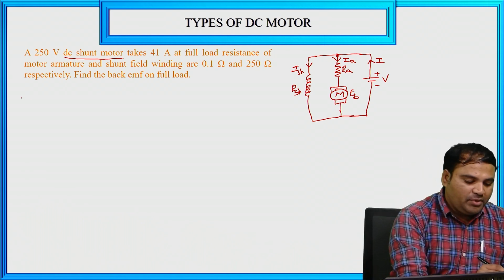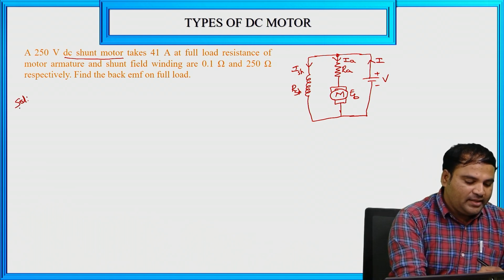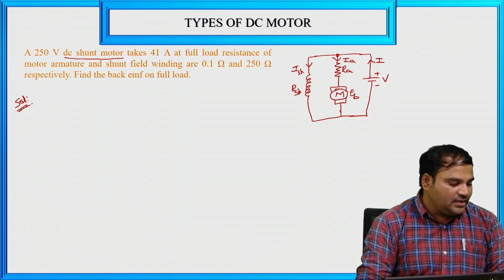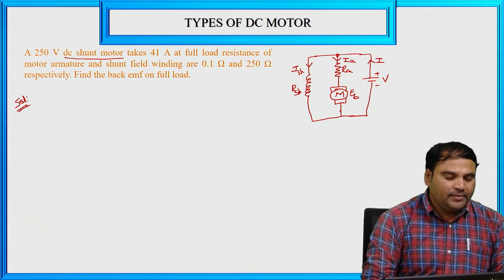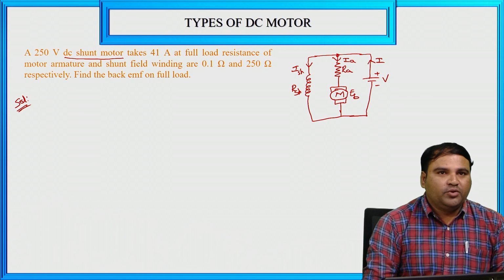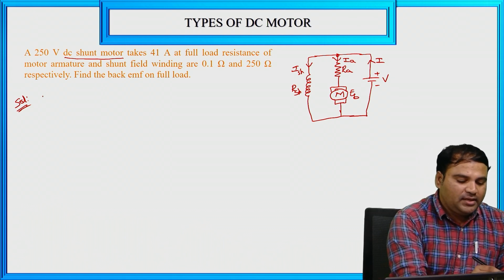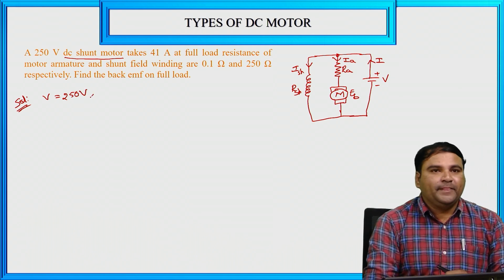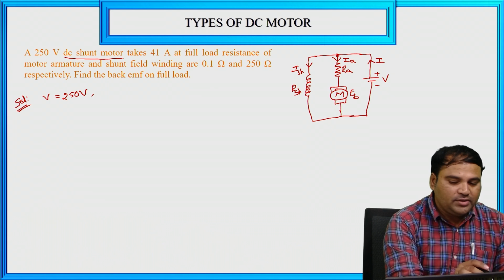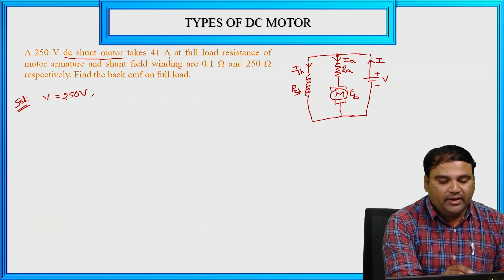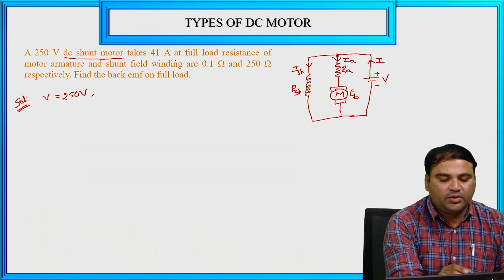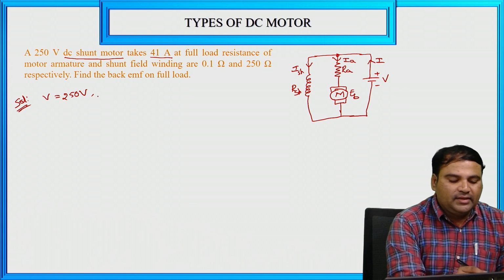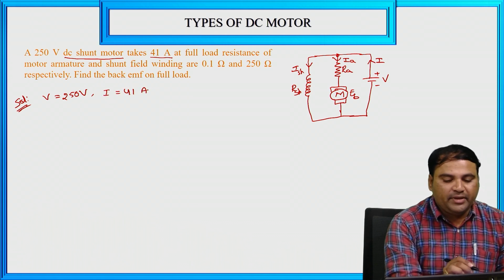Now by using the given data we have to calculate the back EMF, that is EB. A 250 volt DC motor means the supply voltage V equals 250 volts. First we have to write the given data. V equals 250 volts, and 41 ampere at full load, so the total current is I equals 41 amperes.